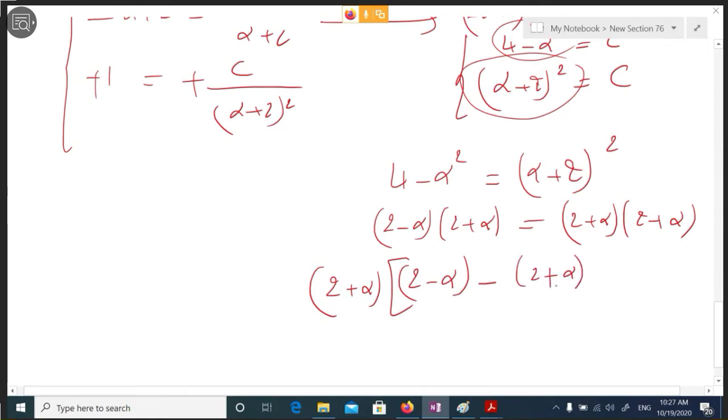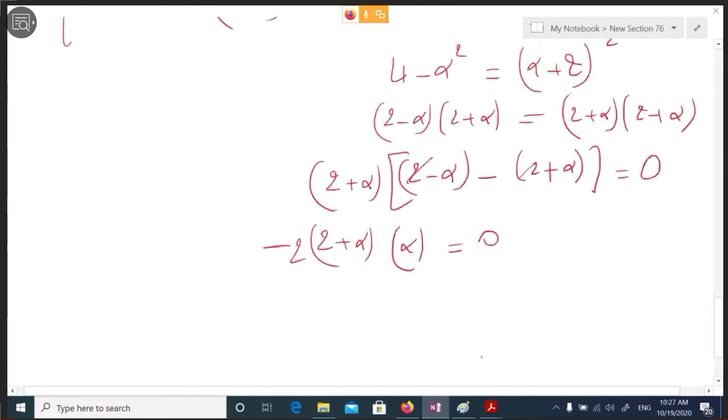On the right side I am left with 0. Now I have 2 plus alpha times minus alpha times minus 2. So you cancel 2, and minus alpha with minus alpha is minus 2 alpha.